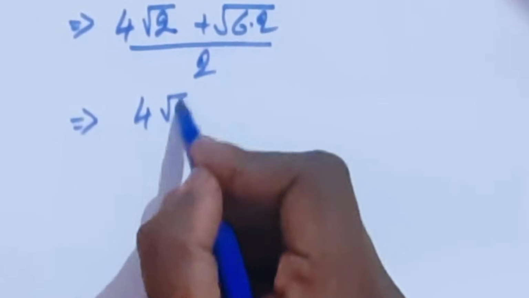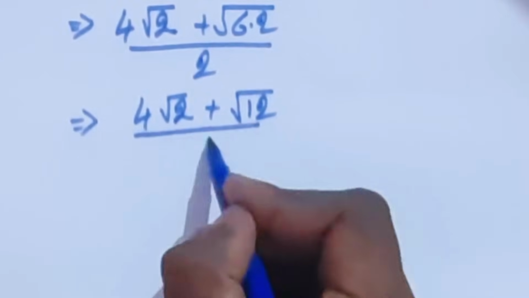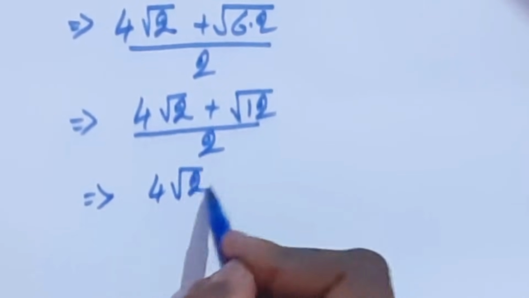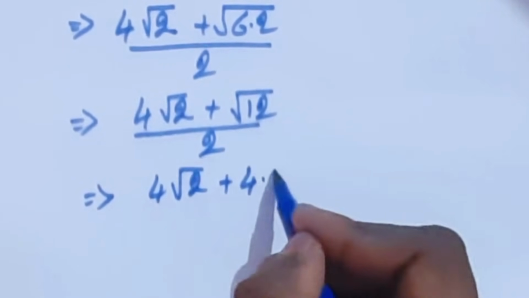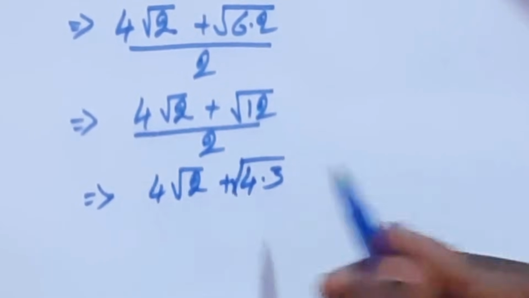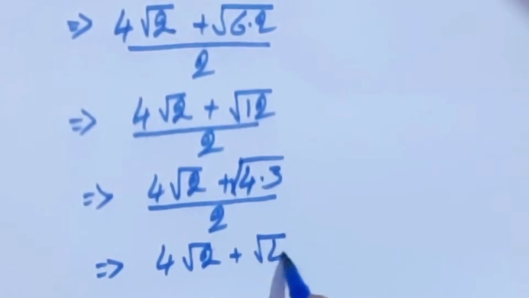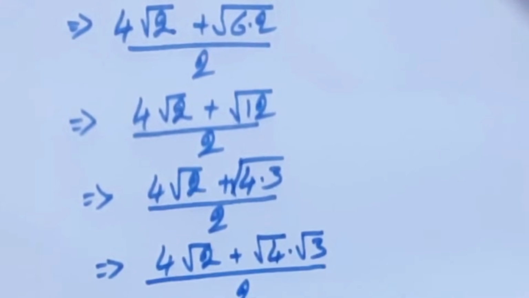Four times square root of 2 plus square root of 12, by 2. Now 4 square root of 2 plus, here this can be written as square root of 4 times 3, by 2. So 4 square root of 2 plus now we have 4 times square root of 3, by 2.